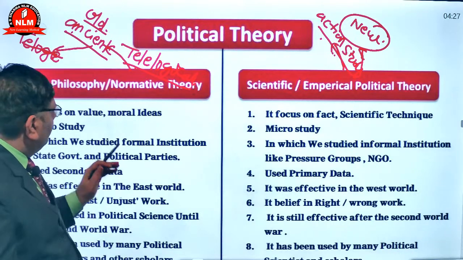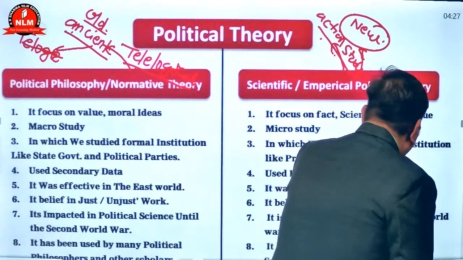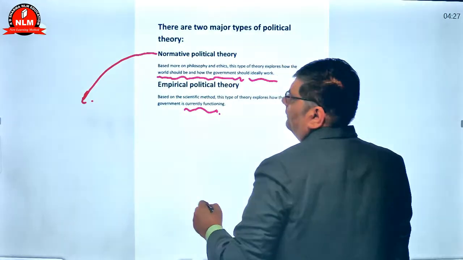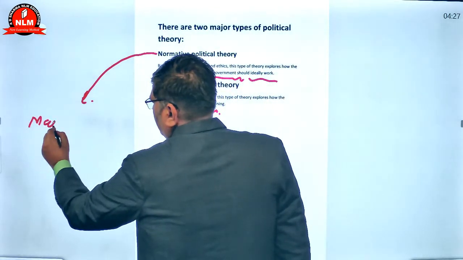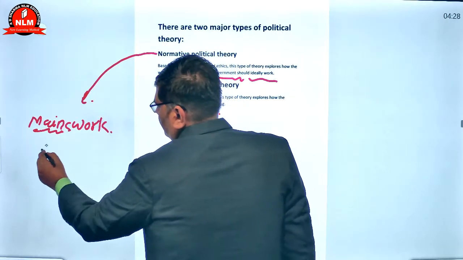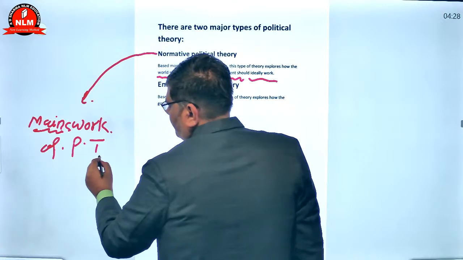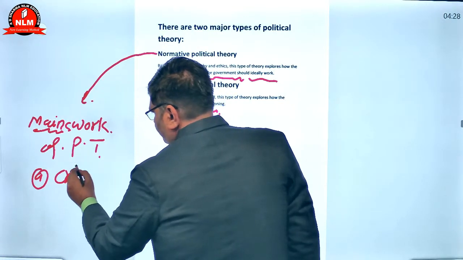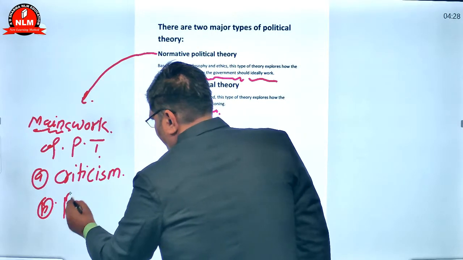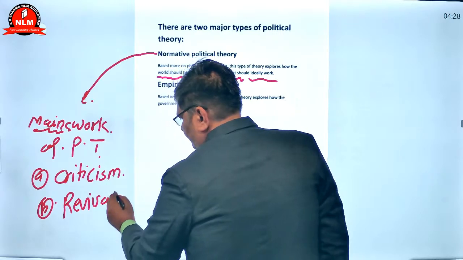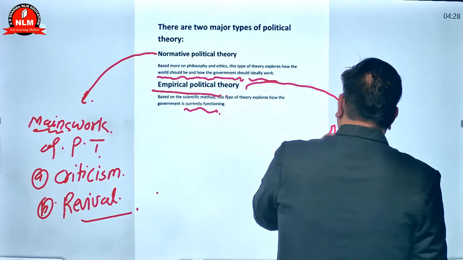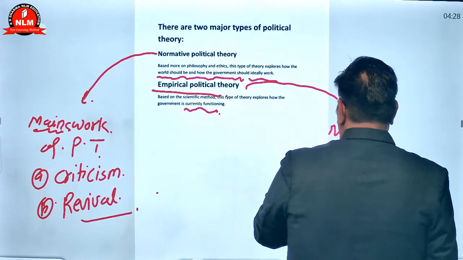The main two works of political theory according to normative political theory: first, criticism, and second, revival. According to empirical political theory, the main work of political theory is explanation.